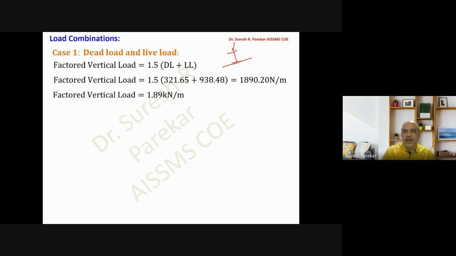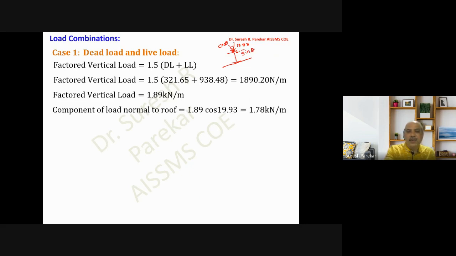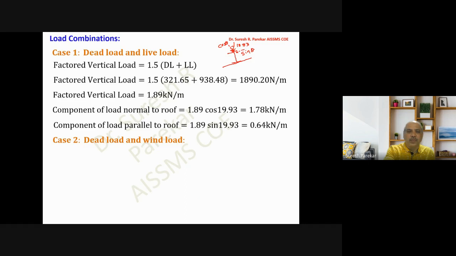So we have to find the component of this normal to it and along it. The angle is 19.93, and therefore the normal component is cos theta and the parallel component is sin theta, and those values we have calculated over here. We have normal to roof 1.78 kilonewton per meter and parallel to roof 0.64 kilonewton per meter.